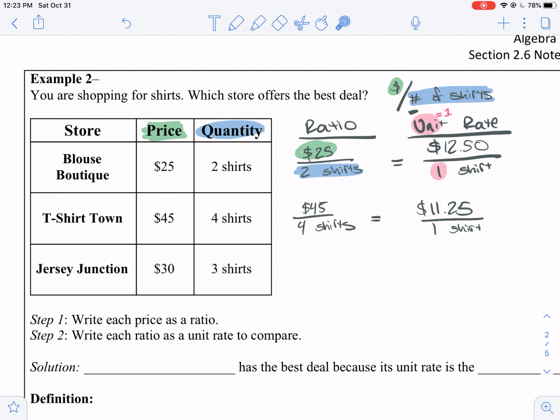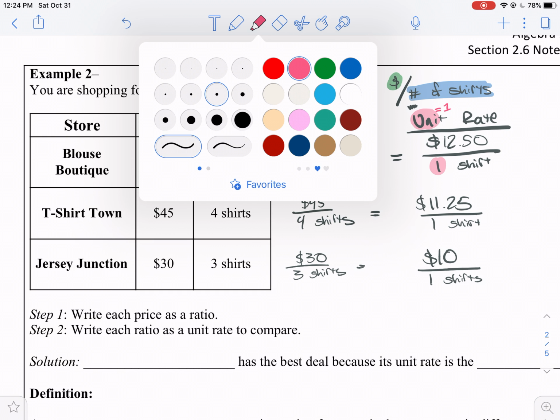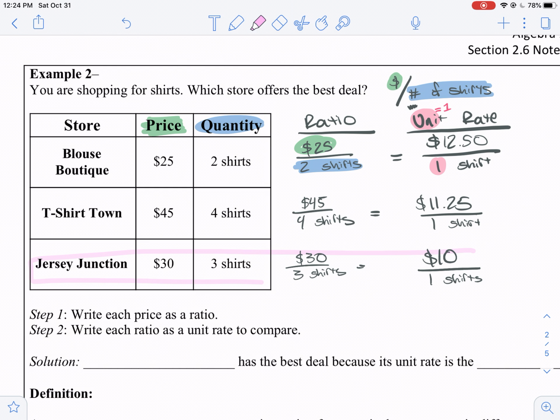That's cheaper than Blouse Boutique. And then finally we go to Jersey Junction, where we pay $30 for 3 shirts, which is a unit rate of $10 per shirt. So that is our winner chicken dinner. We will want to buy shirts from Jersey Junction.